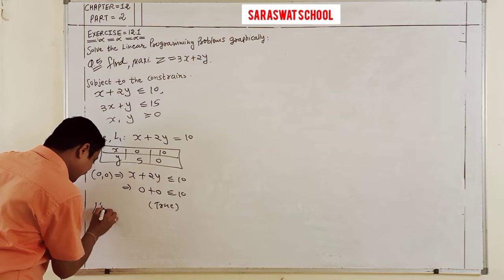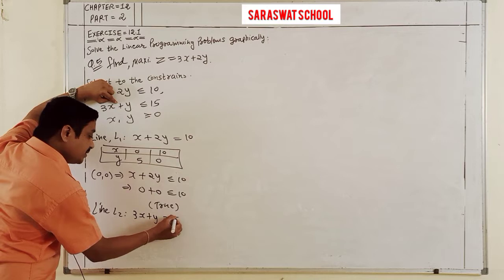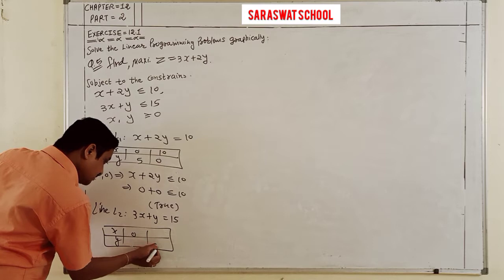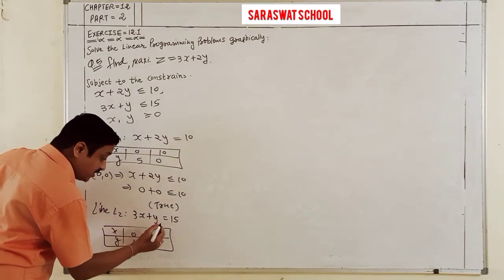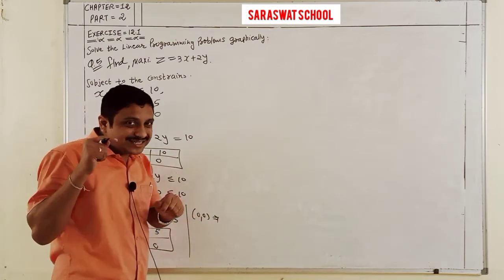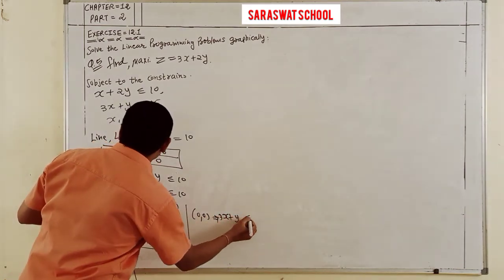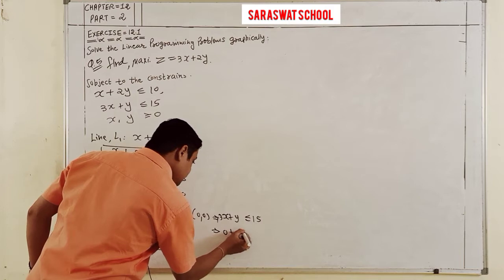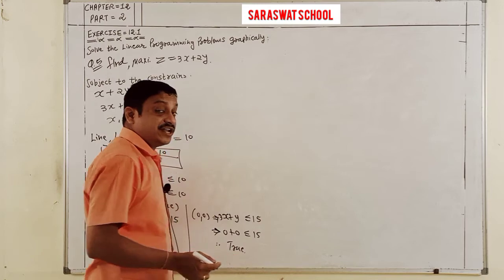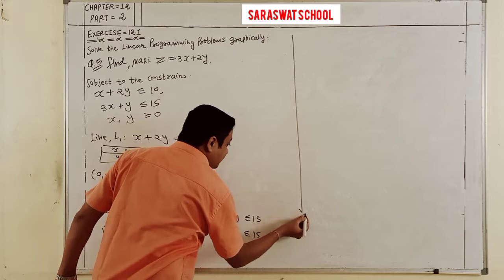Now second line, L2: 3x + y = 15, and apply the same table: x = 0, y = 15; y = 0, then 15 by 3 is 5. Here checking (0, 0): 3x + y ≤ 15, 0 + 0 ≤ 15, and it is true, I mean my shading is on the origin side.